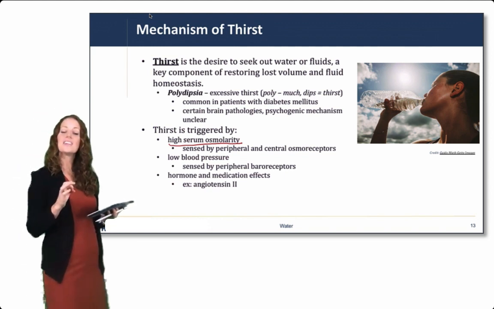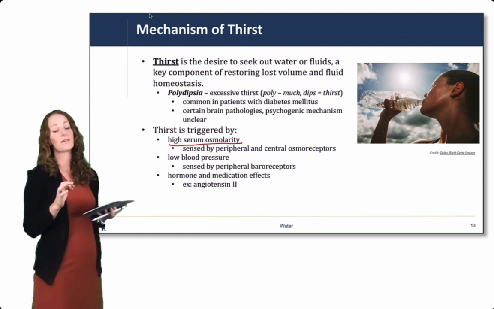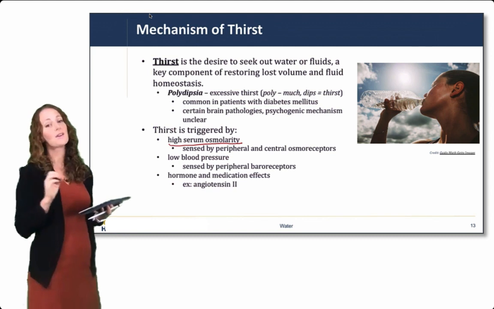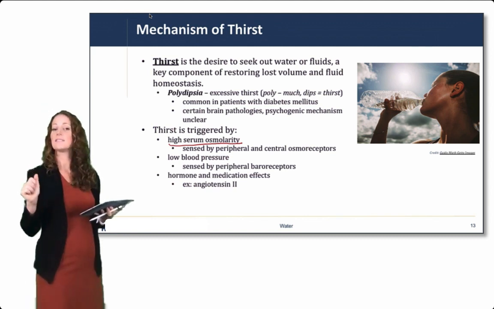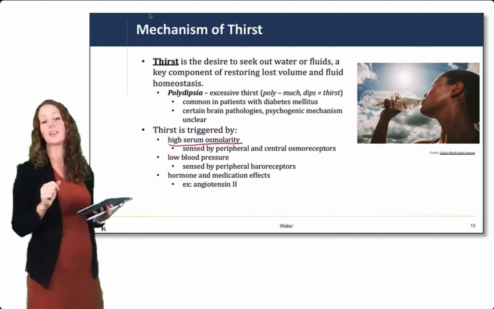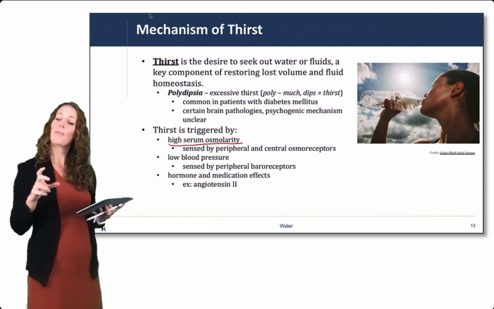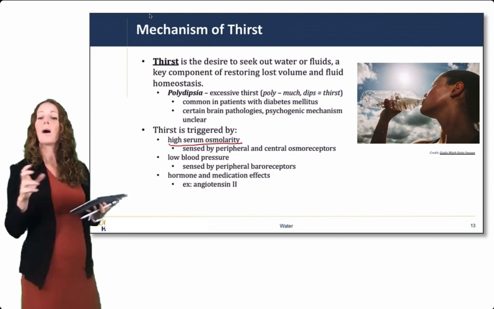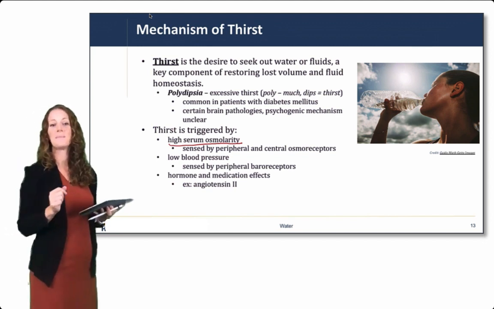Hormone and medication effects can also trigger thirst. One of the most important and strongest hormones for triggering the thirst mechanism is angiotensin II. We're going to talk about that when we talk about sodium regulation, because the RAS pathway activates angiotensin II and is part of the sodium balance system.